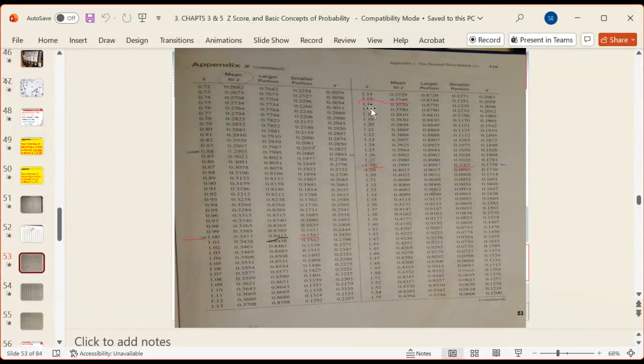Then if I look for the body, large area, it says 0.87 or 87% because it's large area. And the tail will be 0.12, 51%. Okay, so we're going to do some exercise.